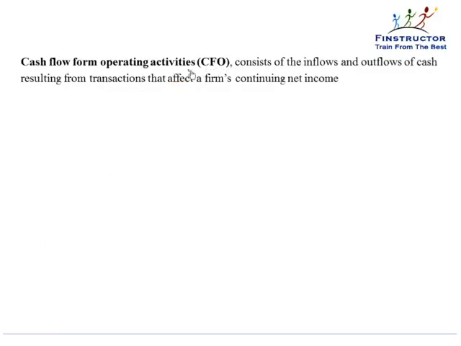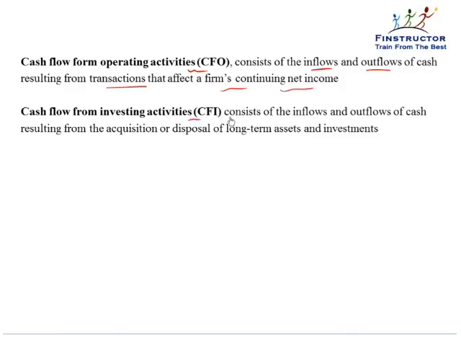So cash flow from operating activities are cash inflows and outflows from the day-to-day operations of the business. So these are transactions that essentially affect a firm's continuing net income. Cash flow from investing activities, as the name suggests, comes from investment operations, that is the inflows or outflows resulting from the acquisition or disposal of long-term assets and investments.